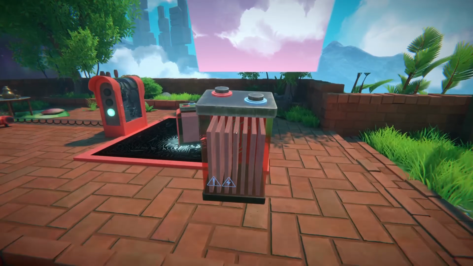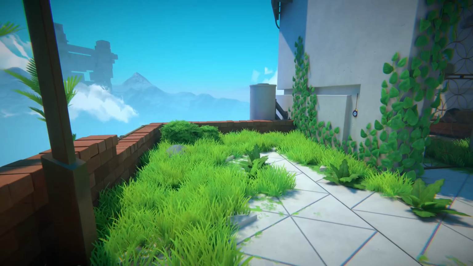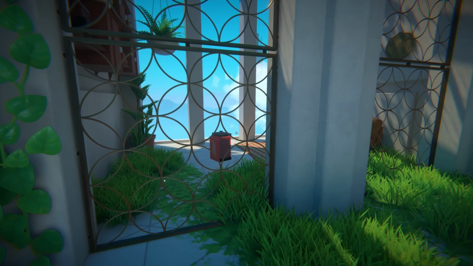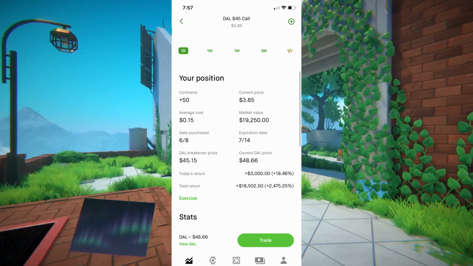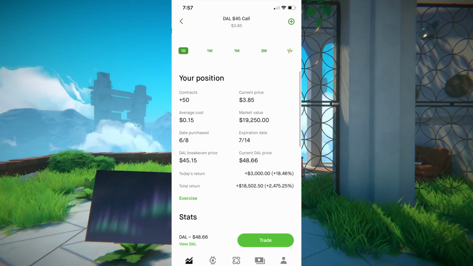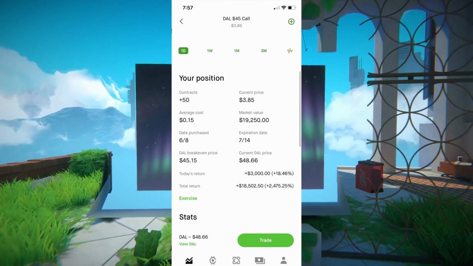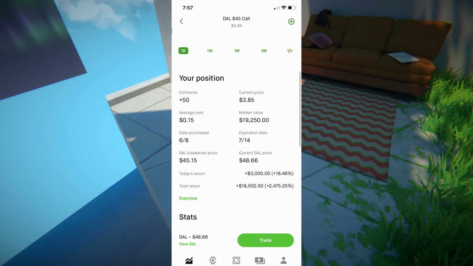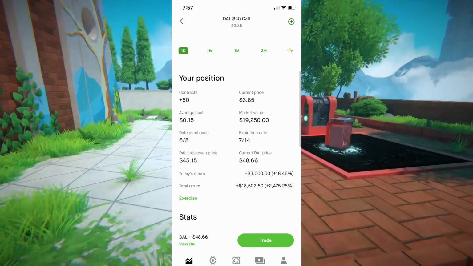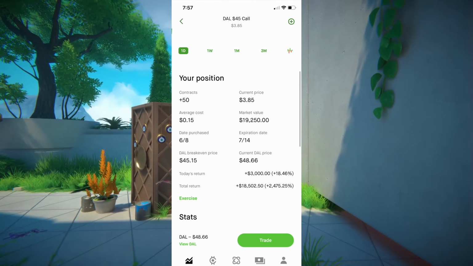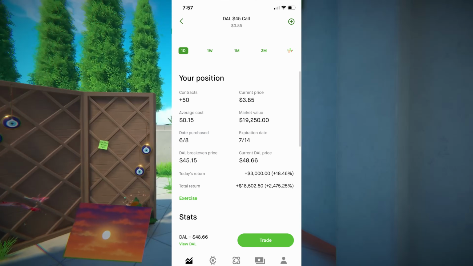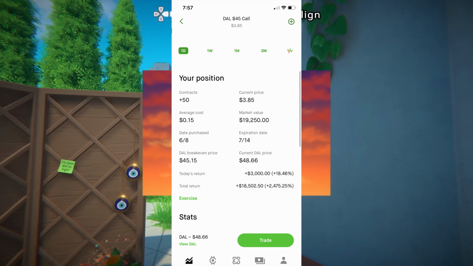For example, here's a screen of what options will look like once you buy it. And here's mine. I bought 50 contracts, each for the price of $15. Each. Meaning one contract costs $15. I bought them June 8th, and the expiration date was a month later, July 14th, which was a Friday.